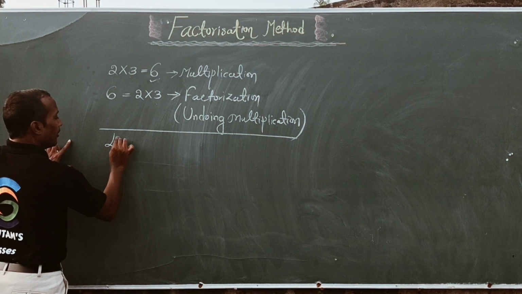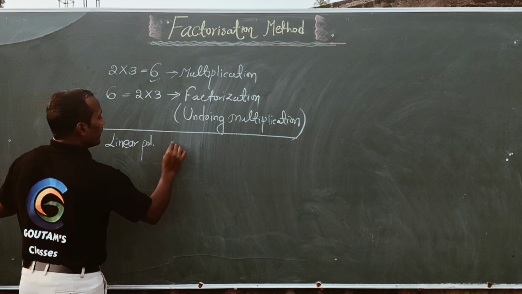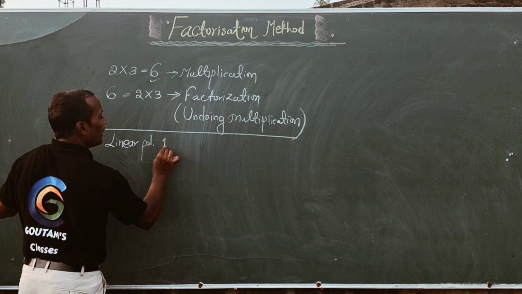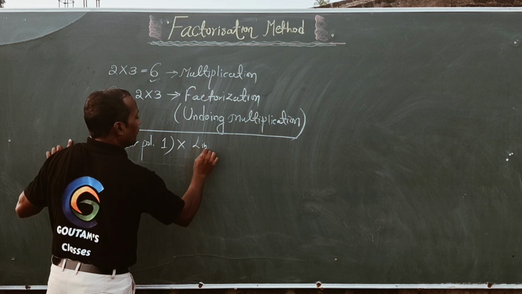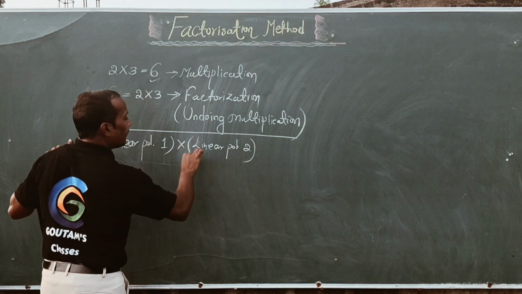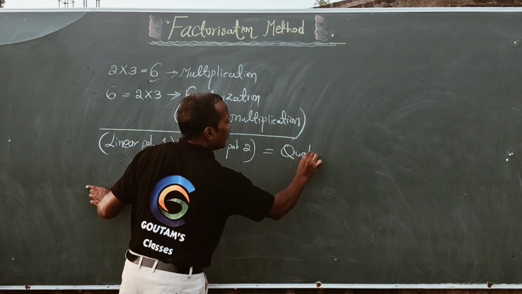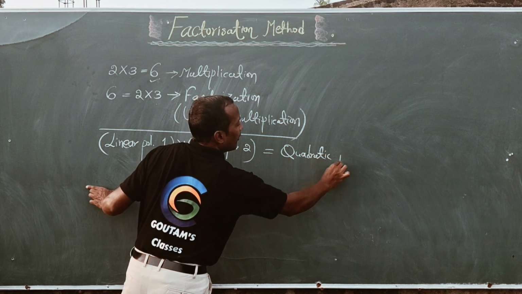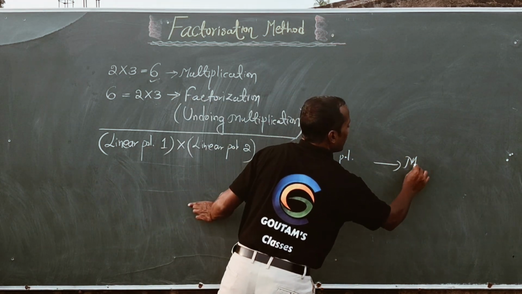If I take a linear polynomial 1, multiply with another linear polynomial 2, then result will be always a quadratic polynomial. This is multiplication.